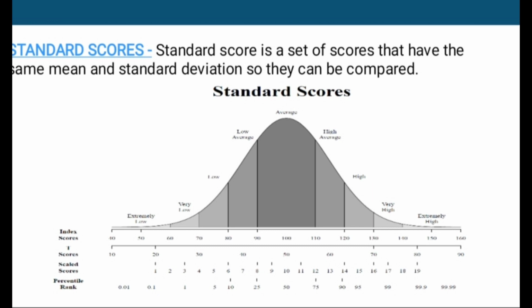It is also known as a standard score because it allows comparison of scores on different kinds of variables by standardizing the distribution. A standard normal distribution, also known as SND, is a normally shaped distribution with a mean of zero and a standard deviation of 1.